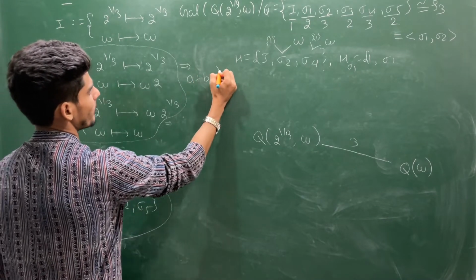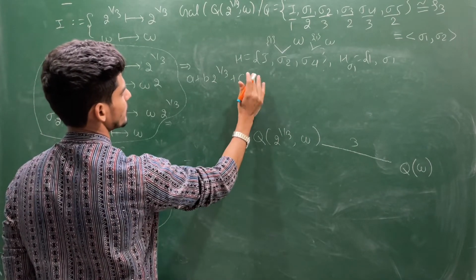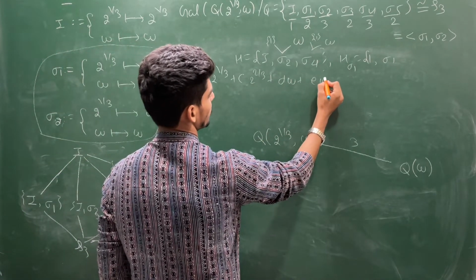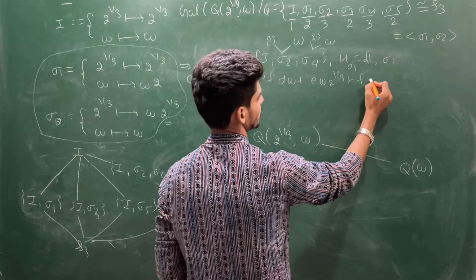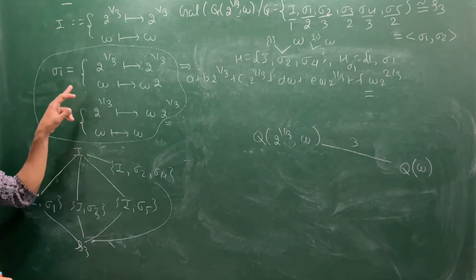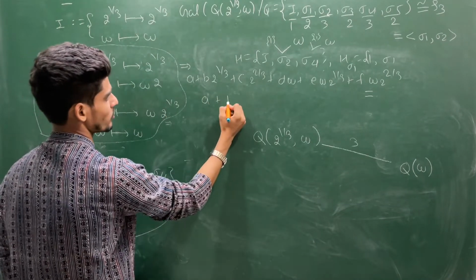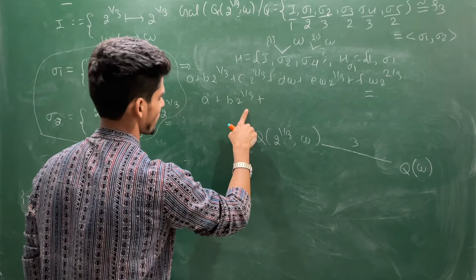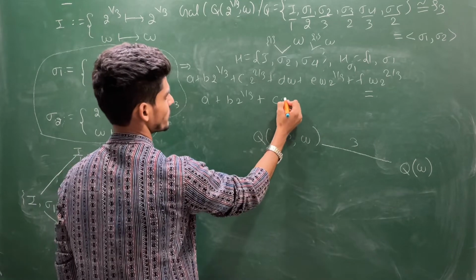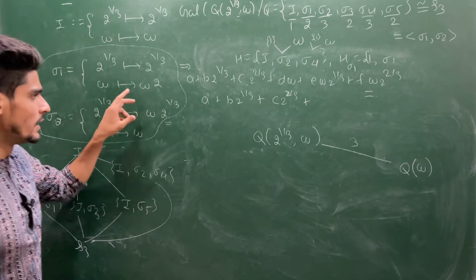A plus B 2 power 1 by 3 plus C 2 power 2 by 3 plus D omega plus E omega 2 power 1 by 3 plus F omega times 2 power 2 by 3. So its image under sigma 1 will be: A going to same, B 2 power 1 by 3 plus C 2 power 2 by 3 going to same element, plus D omega, it is sending to D omega square.